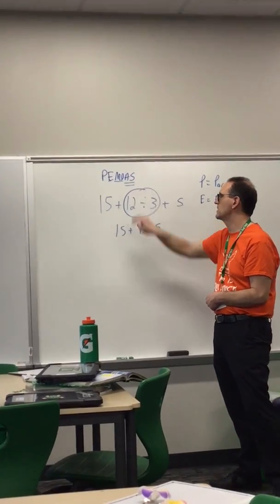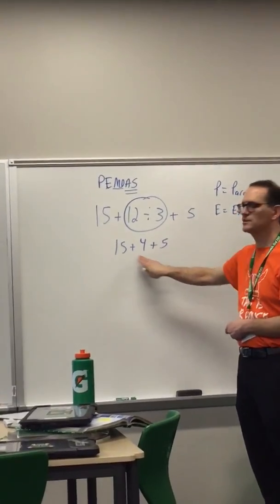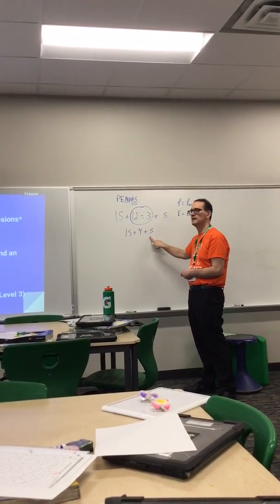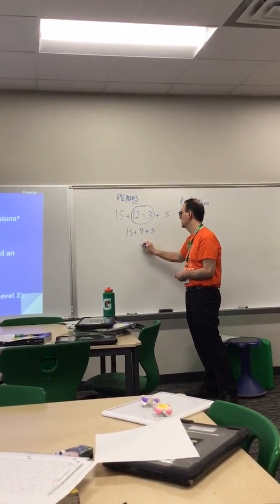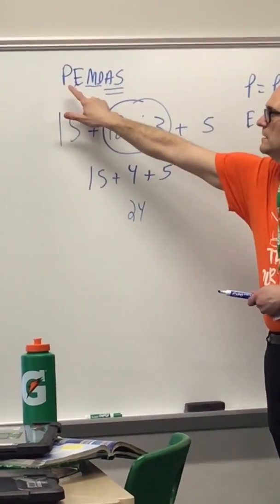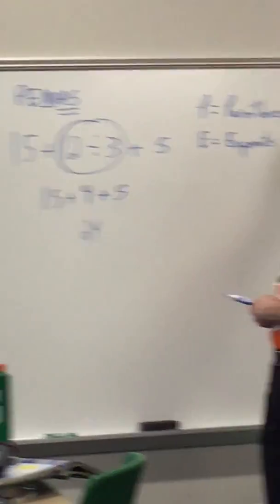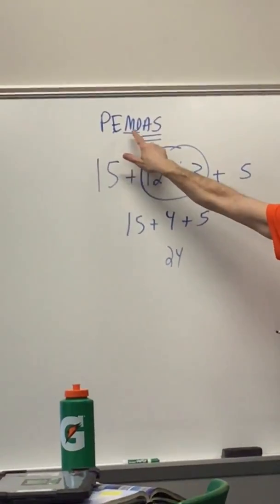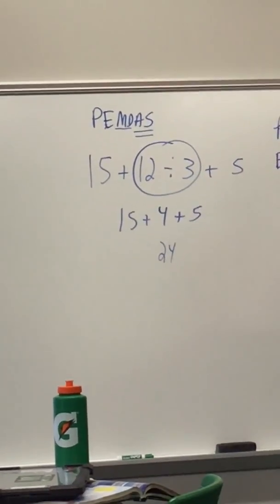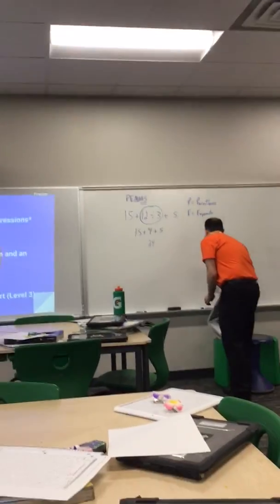Now I have addition, subtraction. All I have left is addition, so I just do it left to right. 15 plus 4 plus 5 gives me 24. Excellent. So again, we want to do PEMDAS: parentheses, exponents, multiplication, division, addition, and subtraction. All right, let's flip the page and look at another one of those problems.